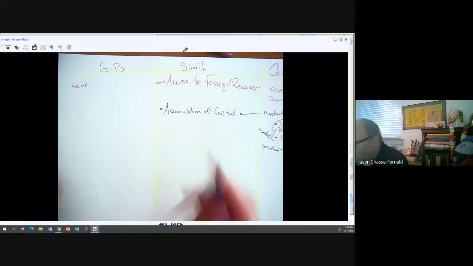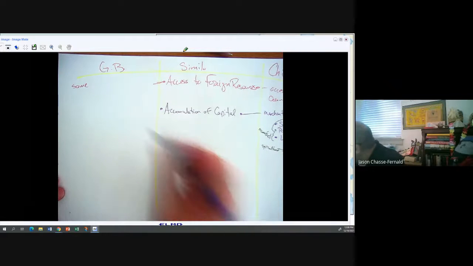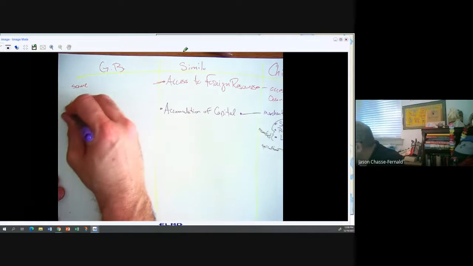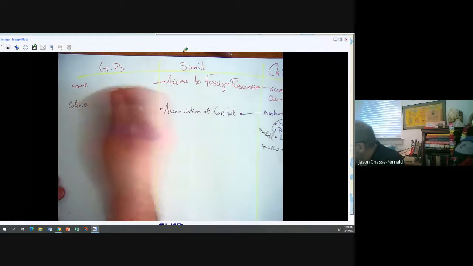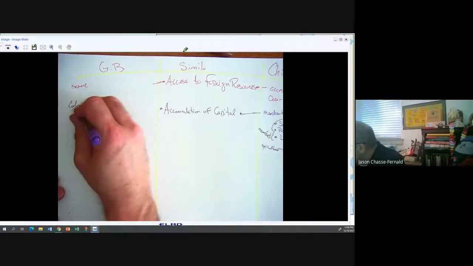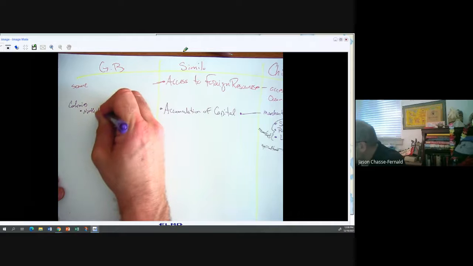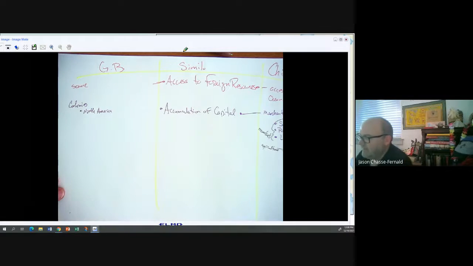So what are we actually talking about here? And the answer is things like colonies. Okay, colonies. So, for example, North America, up until 1776, you have the 13 colonies plus Canada.